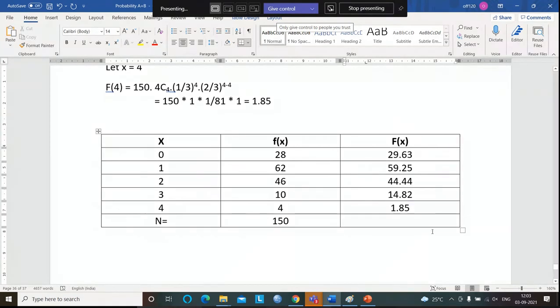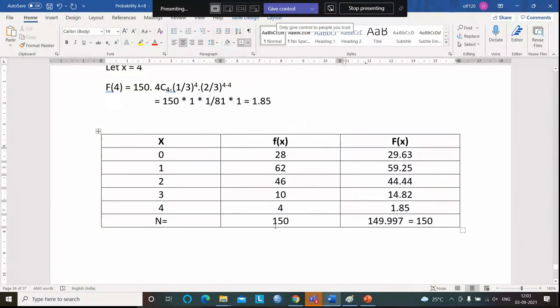By adding all these values, we get the answer as 149.997. That means this value is approximately equal to 150.